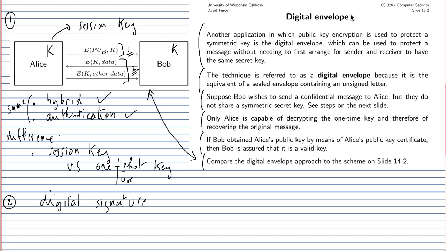Remember that a digital envelope is used for confidentiality in a one-shot communication, whereas a digital signature is not used for confidentiality. It's used for authentication of the sender and also for enforcing the integrity of the message. So these are two completely different applications of public key crypto, and I want you to keep them straight and not confuse them.